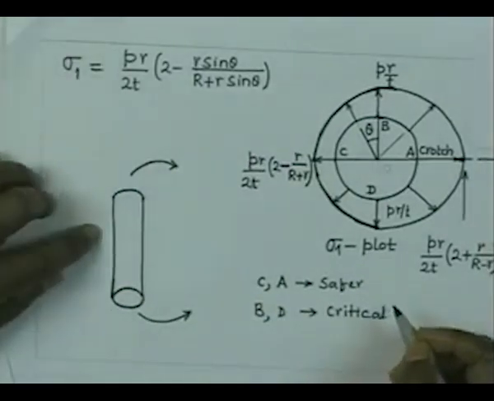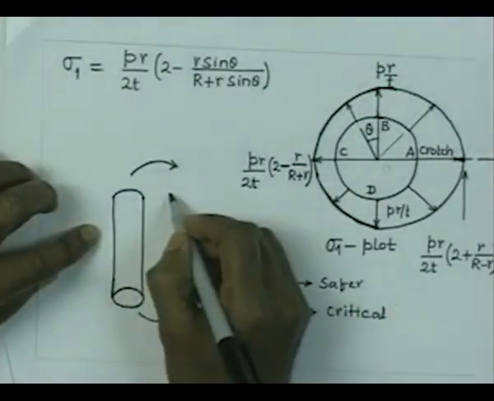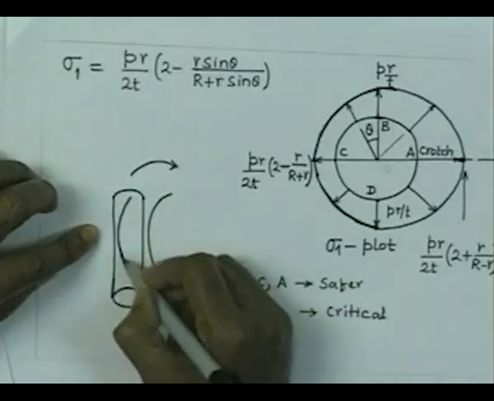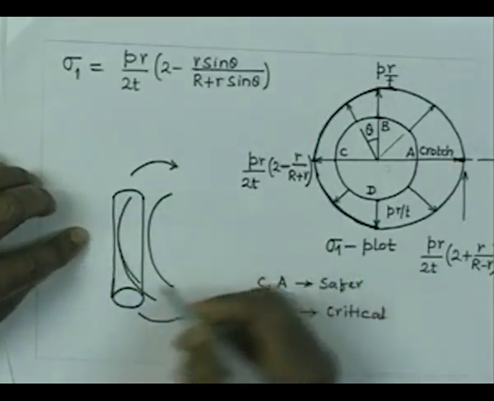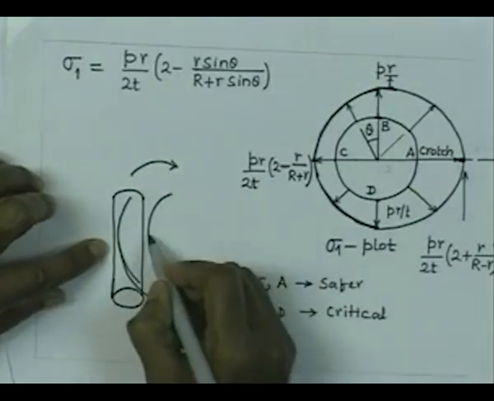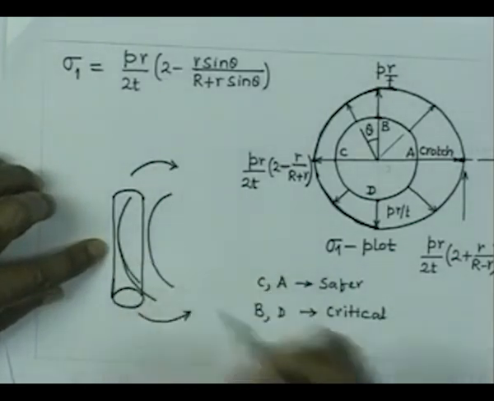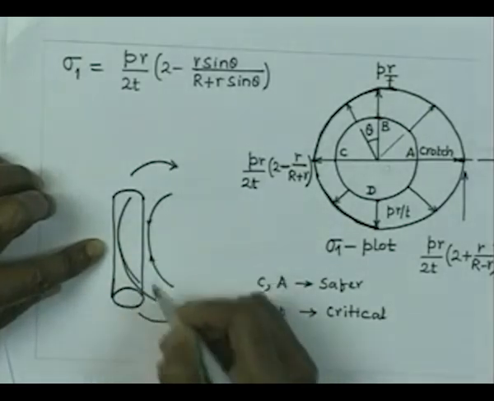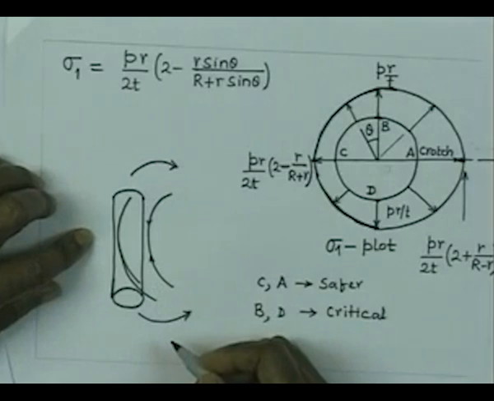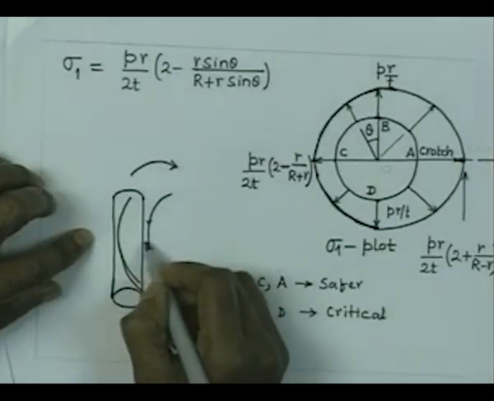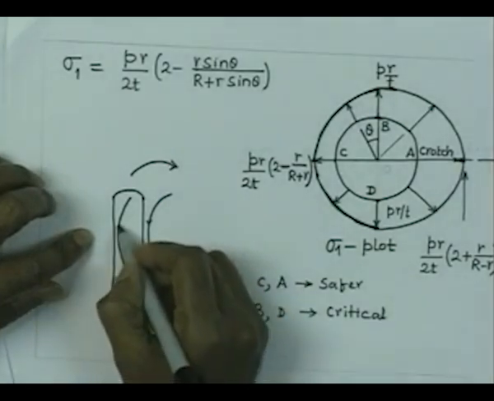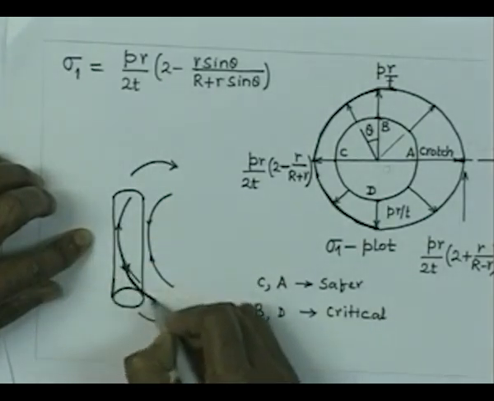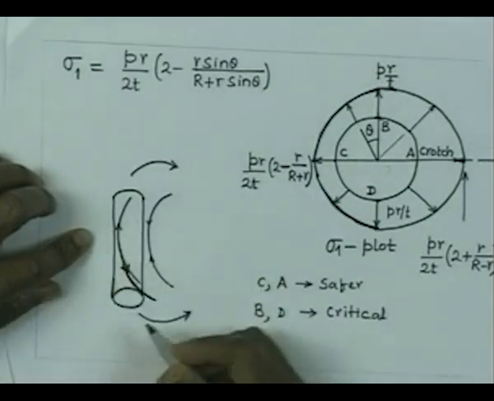When you do that, you are trying to bend it like this, so when you are bending it like this, you are trying to generate compressive stress in the axial direction. When you are generating compressive stress in the axial direction, you are going to get thickening of the wall at this location. On the other hand, tensile stresses are generated at the outer fiber, and that is going to lead to thinning of the wall there.